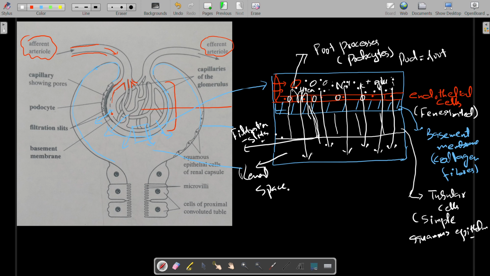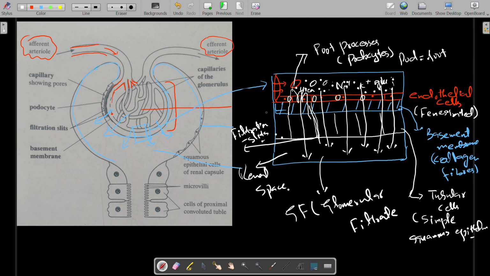Whatever filtrate comes into this space, we call this filtrate GF, glomerular filtrate, and this filtration is what you call glomerular filtration.